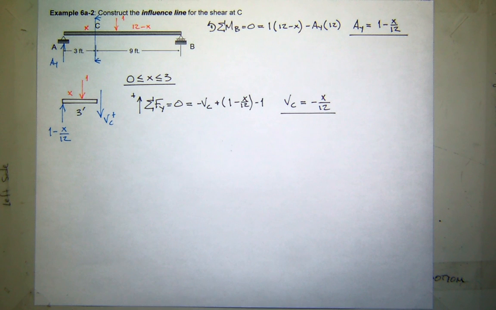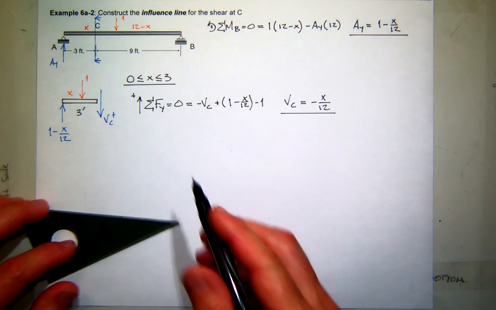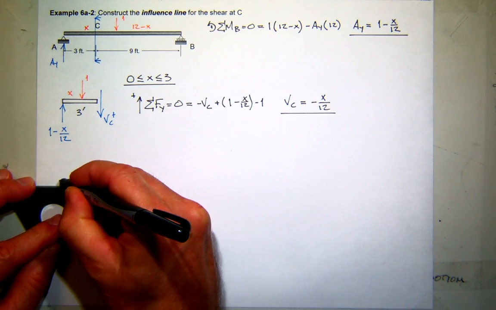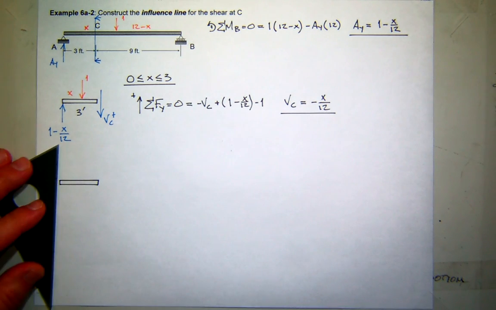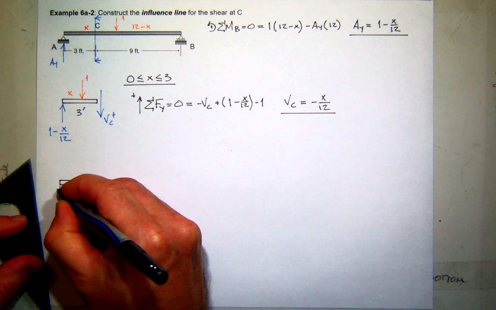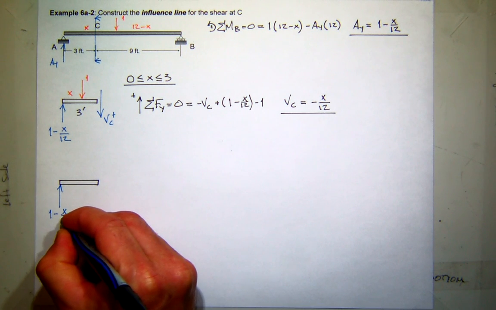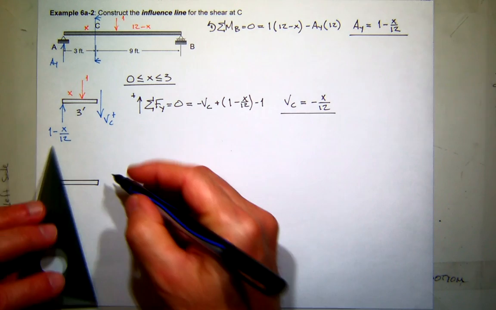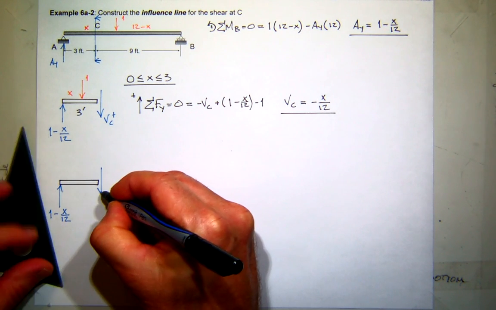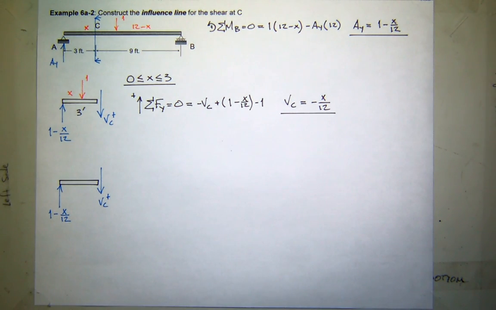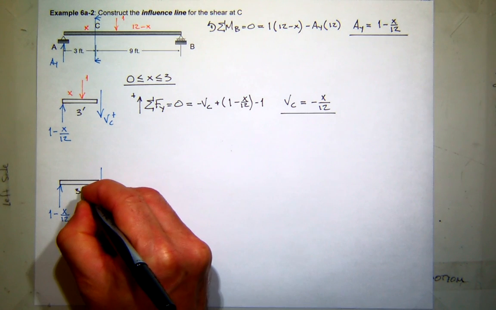So how do I get the rest of it, from 3 to 12? Well, I draw the same free body. My influence line for the reaction has not changed because it's a function of x, so it's already accounting for my position. The shear at C is still the shear at C. Of course, it's going to change value. And my little free body is still 3 feet.